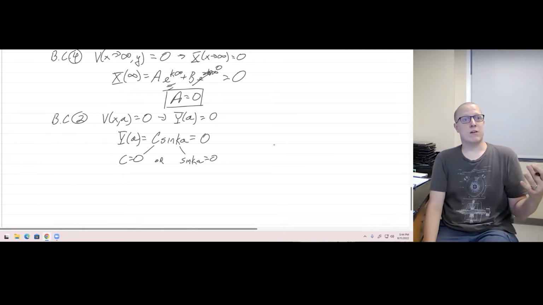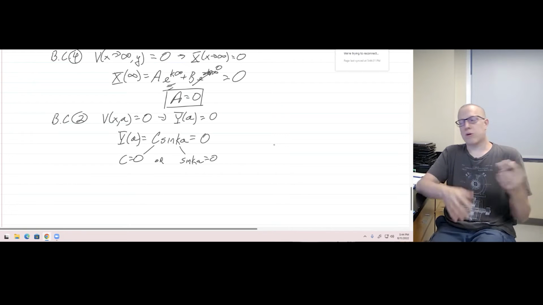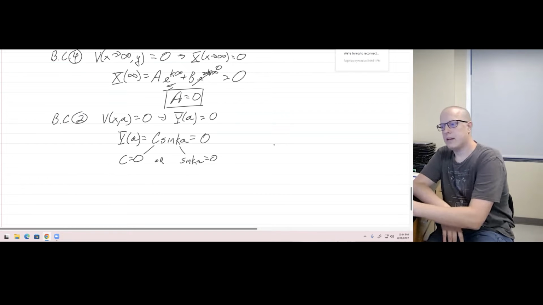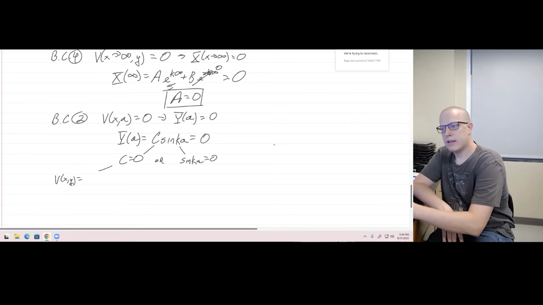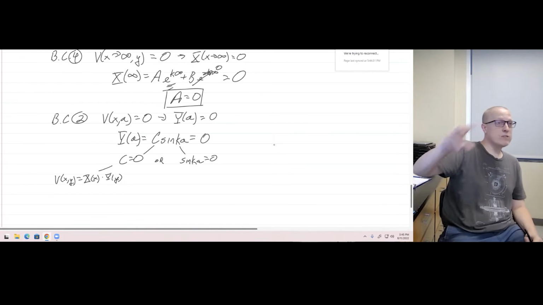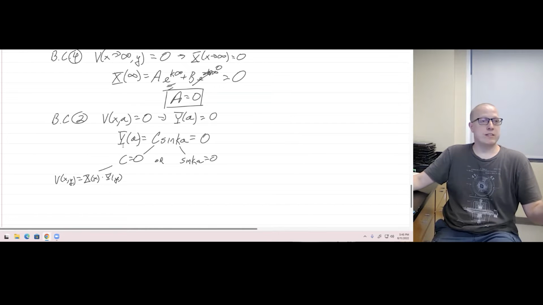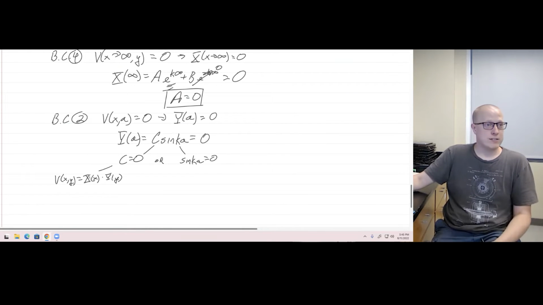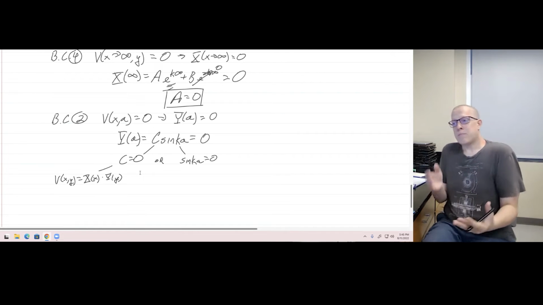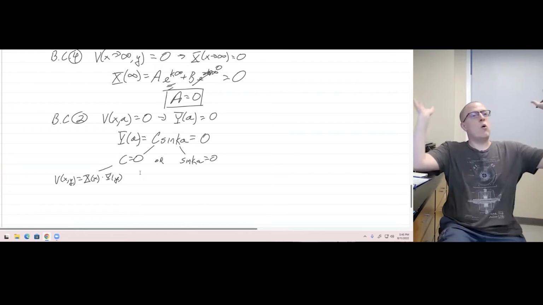If c is 0, think about what that's going to do to our whole problem. Remember that our v of x and y is x of x times y of y. And so if c is equal to 0, then that means my entire y function is 0. And if my entire y function is 0, this whole thing is 0. What you could say is that the whole thing's 0.